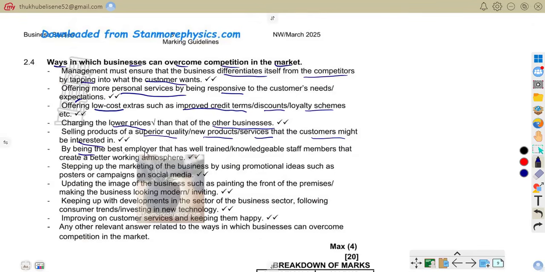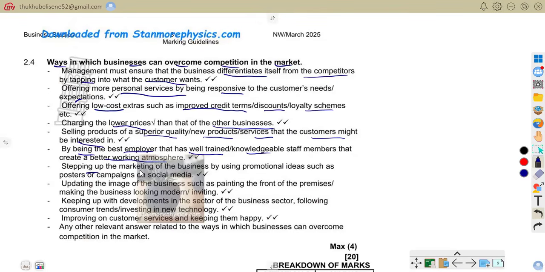By being the best employer, with well-trained, knowledgeable staff members that create a better working atmosphere. That is where you employ skilled workers. Having well-trained employees improves service and productivity.